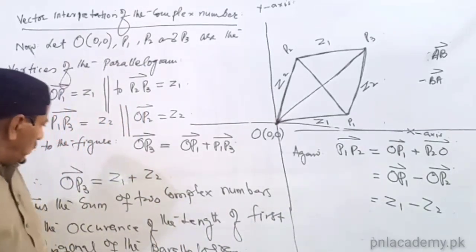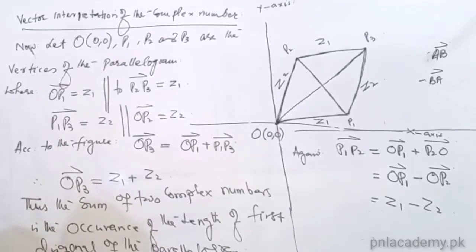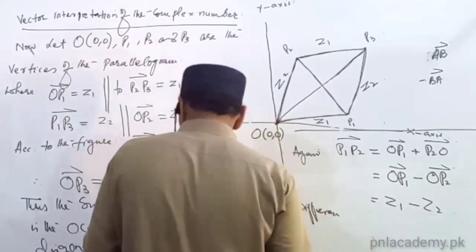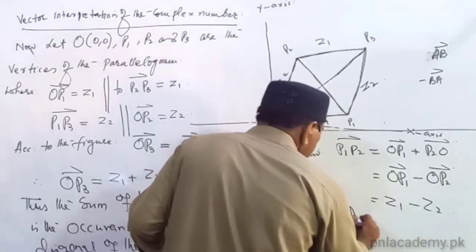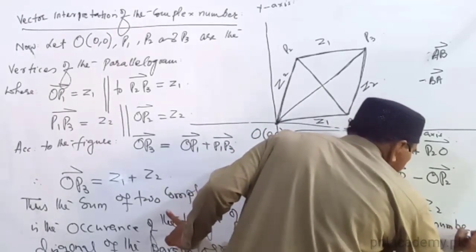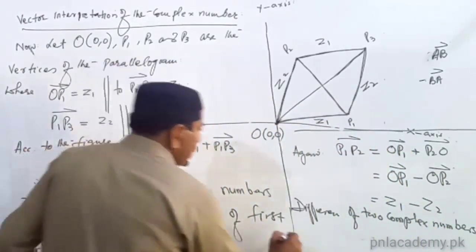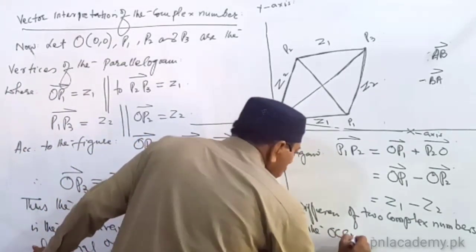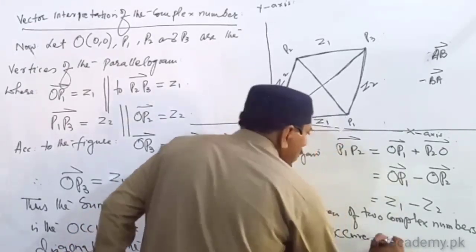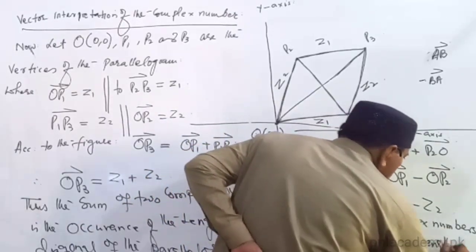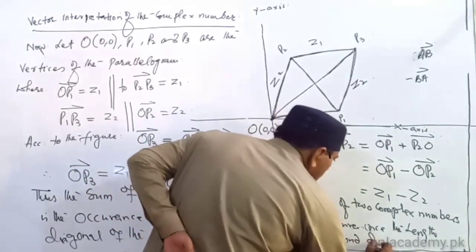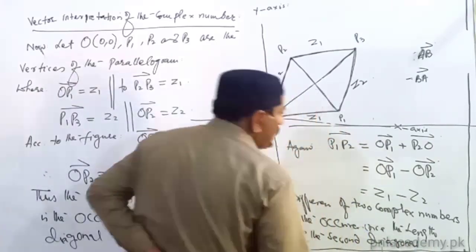Now, the difference of two complex numbers is the length of the second diagonal of the parallelogram.